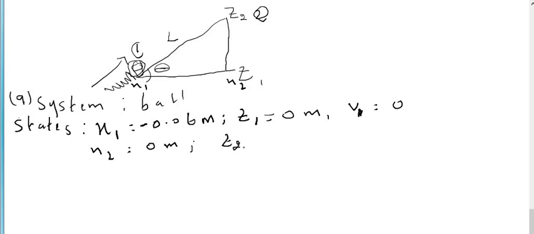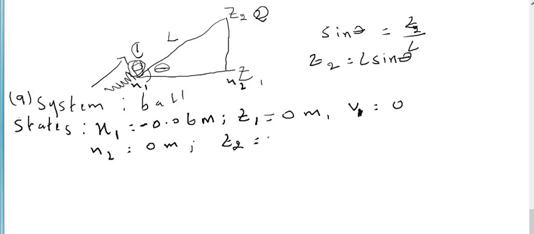z2: by considering this diagram, we want to get z2 in terms of L, so we apply trig ratios. Therefore, sin theta is equal to opposite over hypotenuse, that is z2 over the hypotenuse, which is L. By cross multiplying, z2 is equal to L sin theta.